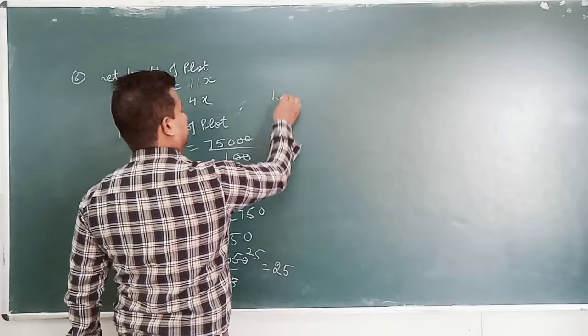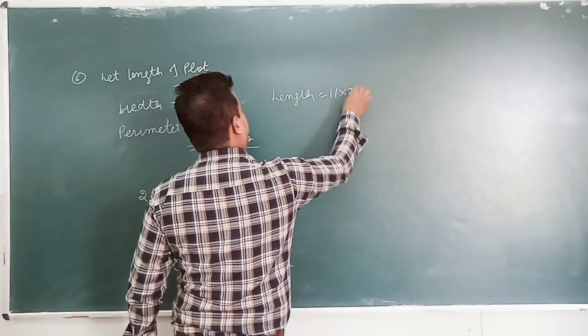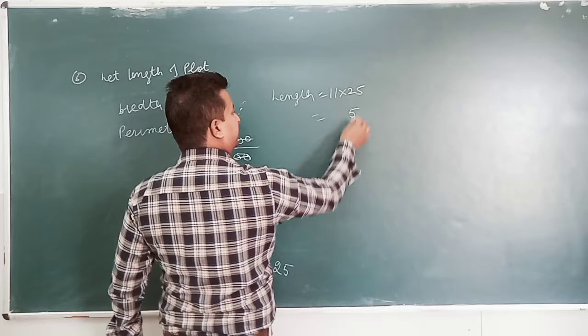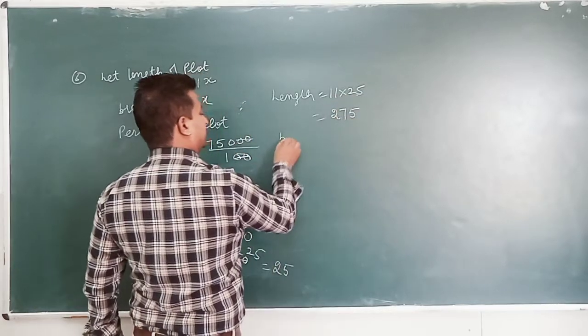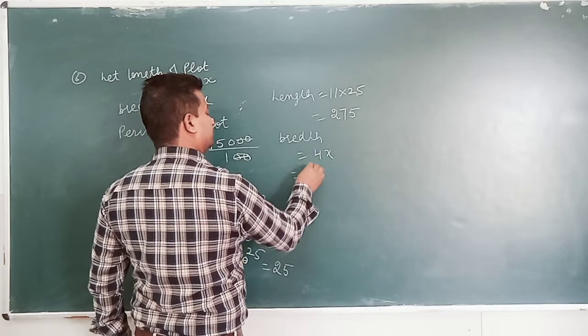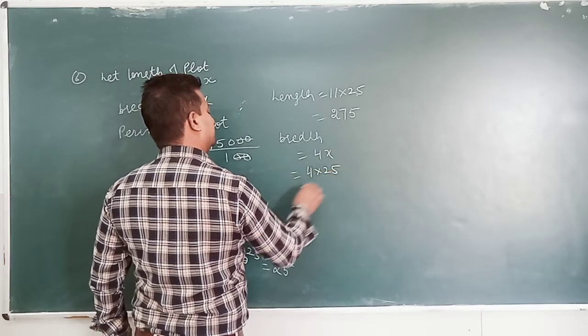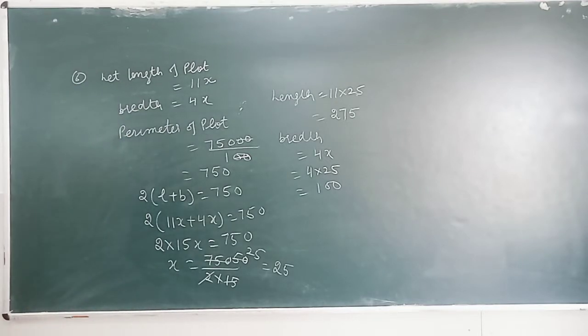This means length is equal to 11 into 25, which is 275, and breadth is 4x, 4 into 25 equals 100. This is the length and breadth of the rectangular plot.